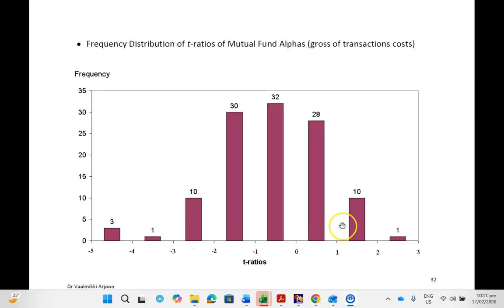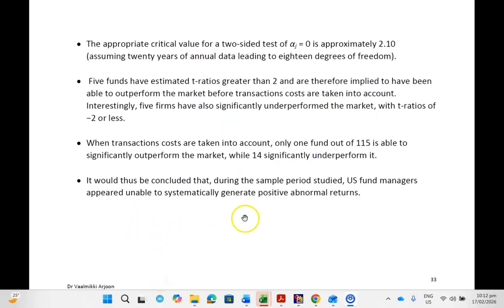However, 14, which is just 10 plus 1 plus 3, significantly underperformed the market. Now given a nominal 5% two-sided size of test being used, one would expect 2 or 3 funds to significantly beat the market by chance alone.